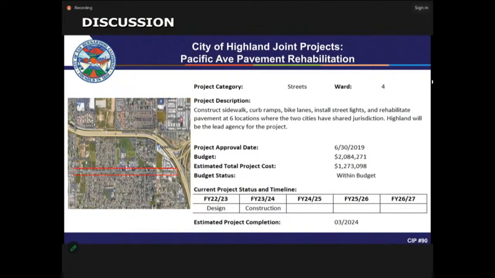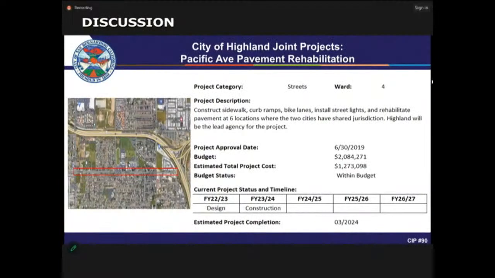Okay, so the next project is the City of Highland. So this is a joint project that addresses exactly that, we want to have the streets completely paved, especially with the joint boundary with other cities. This is a project with the City of Highland on Pacific Avenue between Victoria and Church Avenue, to improve the pavement, sidewalk, curb ramps, and bike lane.